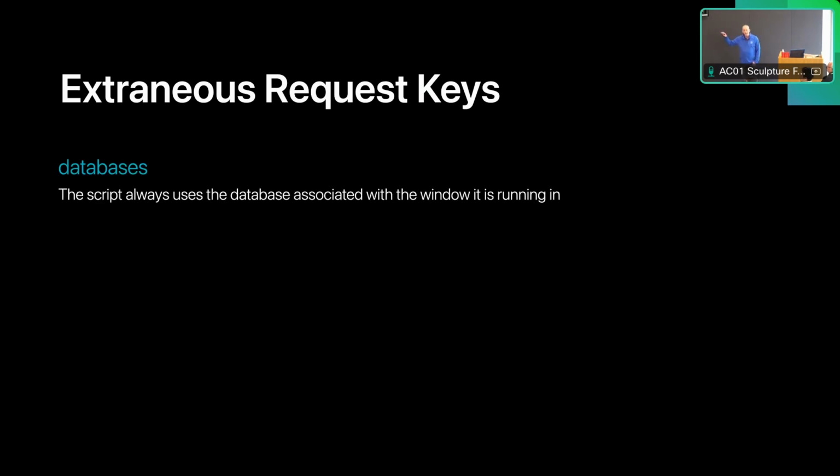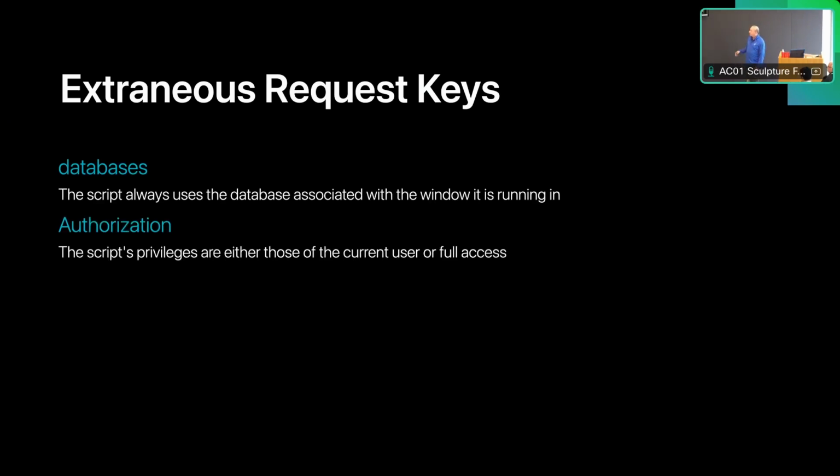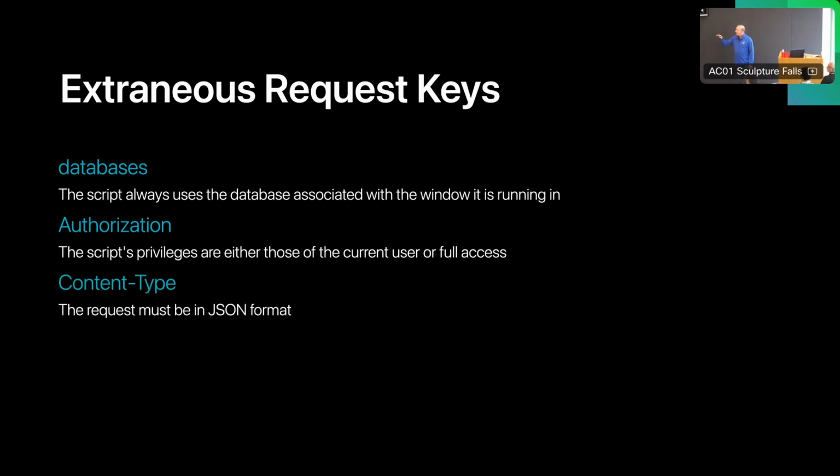One of them is a databases key in the request. Because of how we're using it in the script step, the script always uses the database that's associated with the window. So we don't have to worry about saying what database we're using. It knows we're using the database that we're in. Same thing with authorization. Because we're running a script, it's going to run with the same privileges as either the current user or full access if you have your script set up to run as full access privileges.